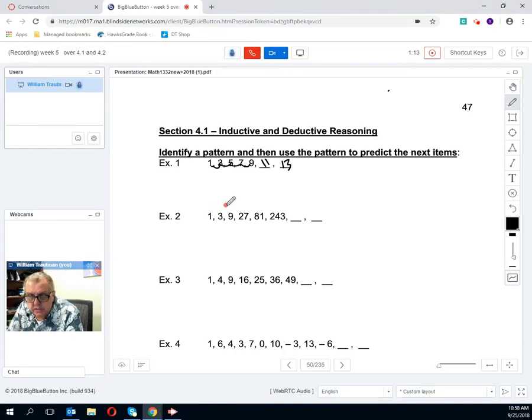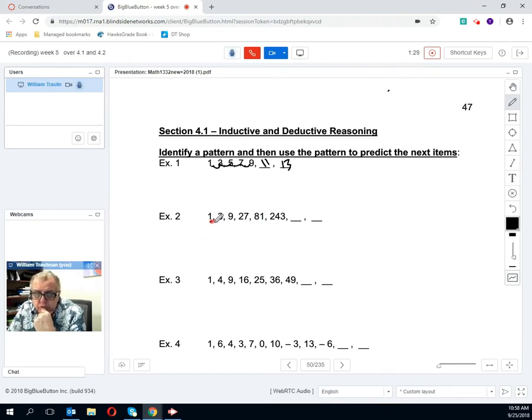1, 3, 9, 27, 81. It's not blatantly obvious here, but this is what you can do.